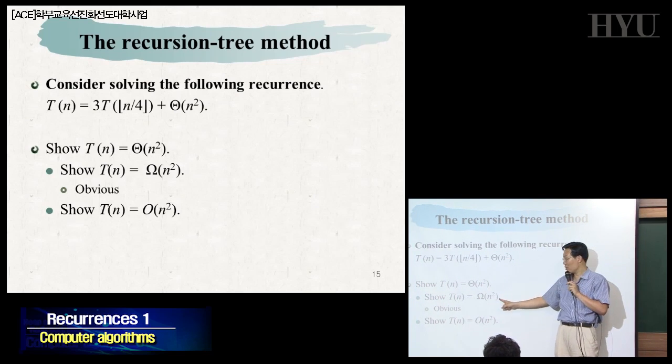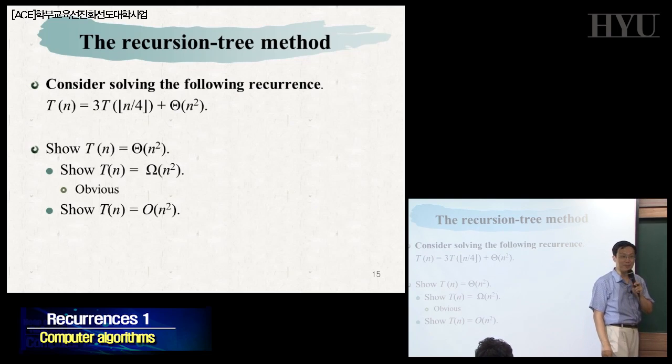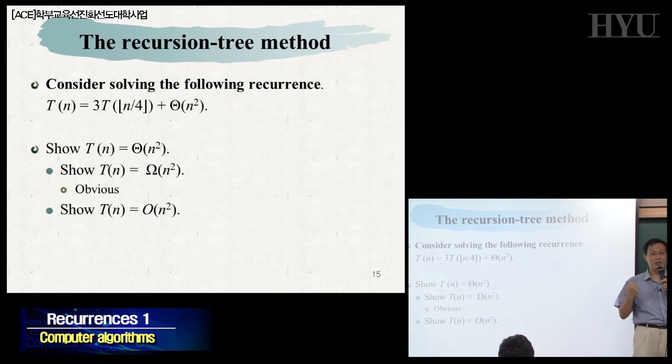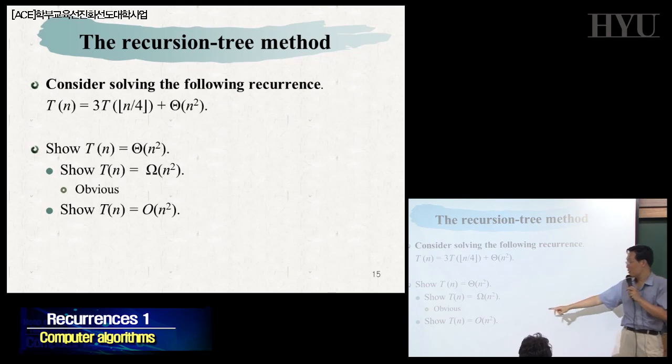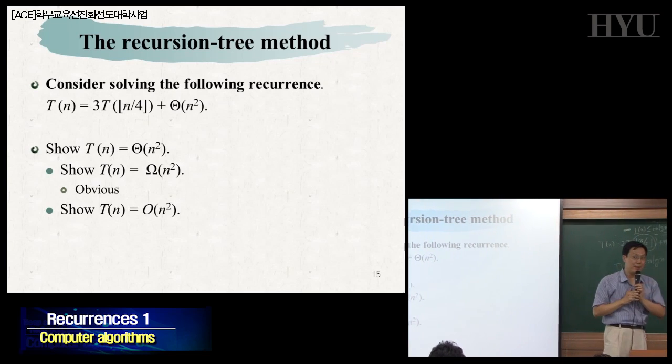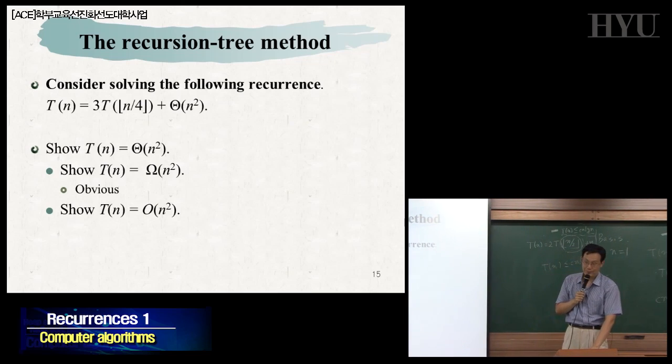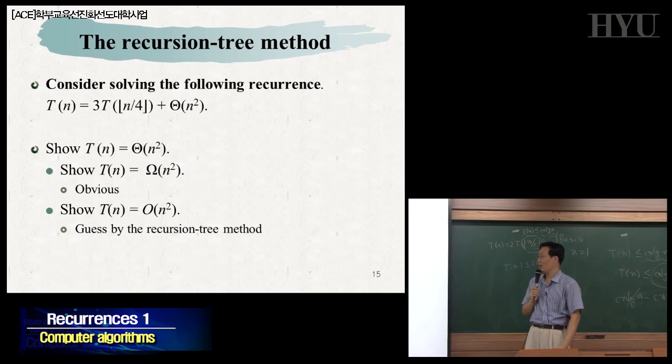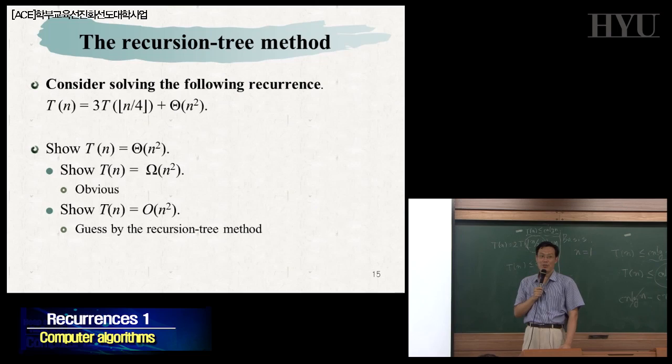Okay? So it's omega of n squared. Then the difficult part is showing this. It is bounded above by n squared. Okay, then we have to use recursion tree method to show this.